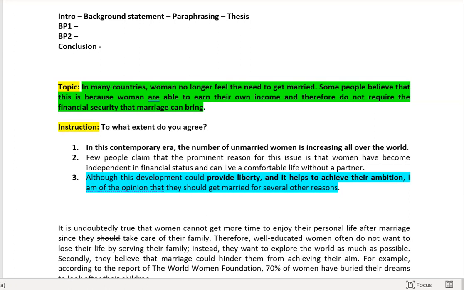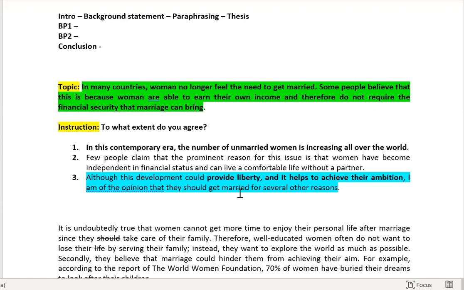Do you see any problem with the thesis statement, the point number 3 and the question? You have to just go through it and find out. They are asking about the reason why women are not marrying, but he's saying that they should get married.